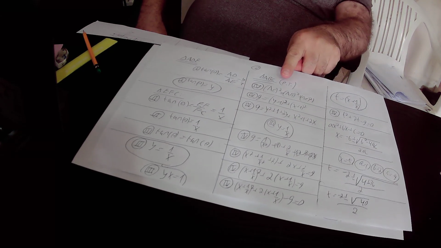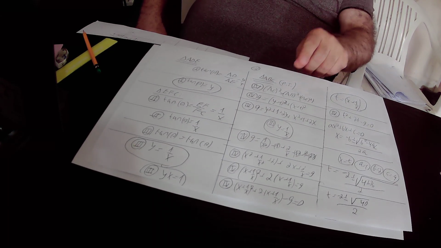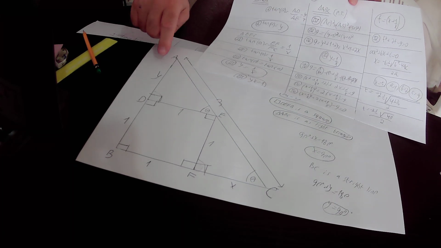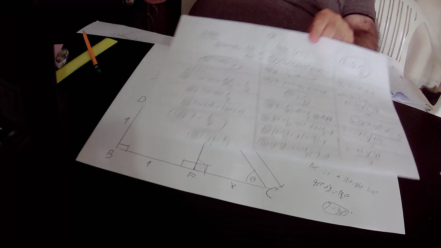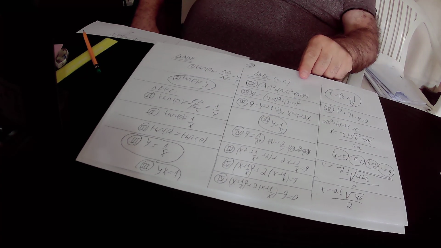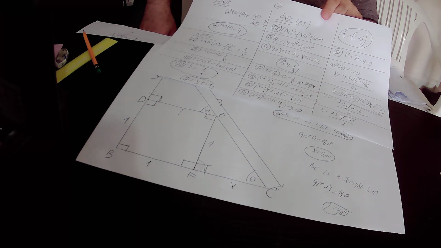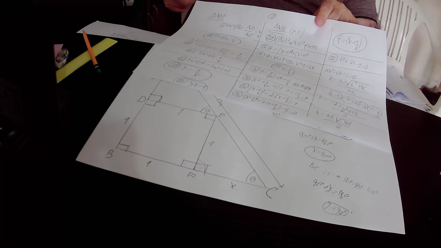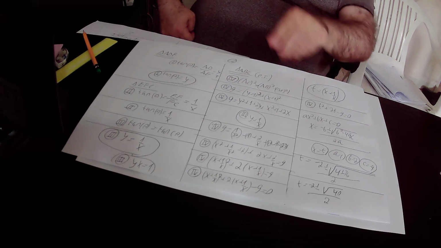So AC square is 3 squared, which is 9. AB equals Y plus 1, so AB square will be equal to (Y plus 1) squared, plus BC square. BC is X plus 1, so BC square will be equal to (X plus 1) squared.